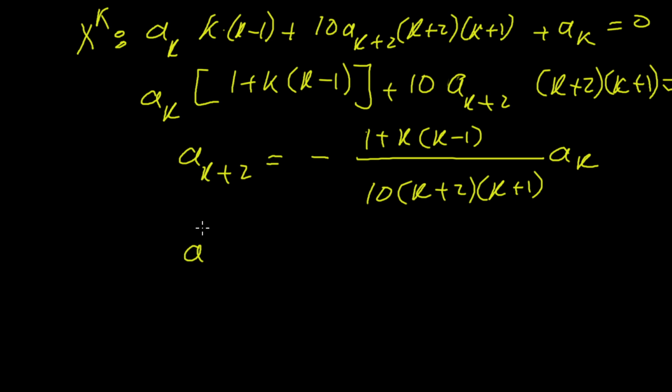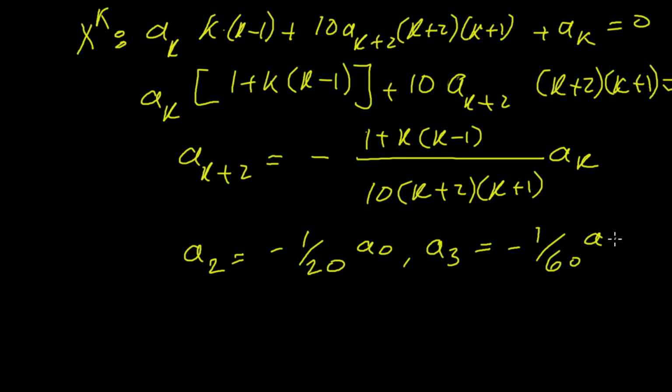Then if you do k equals 0, then you plug in 0 and you get 1 over 20 a naught. And if you plug in 1 for k, you get negative 1 over 60 a1 or a sub 1.